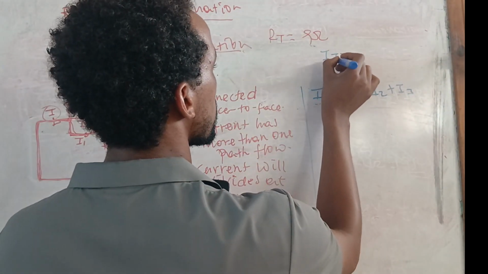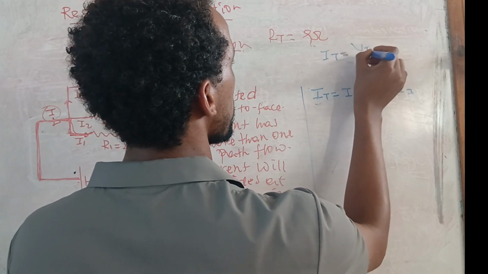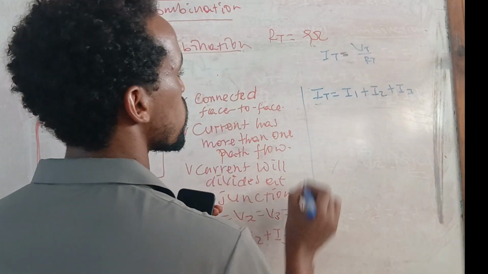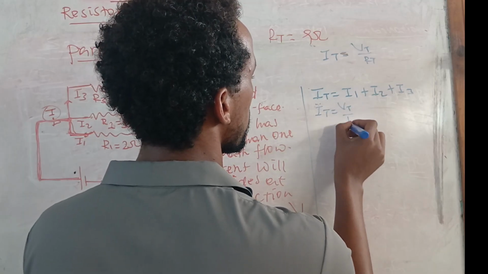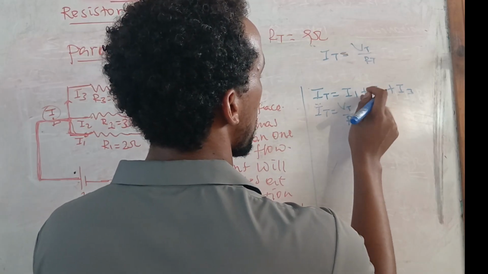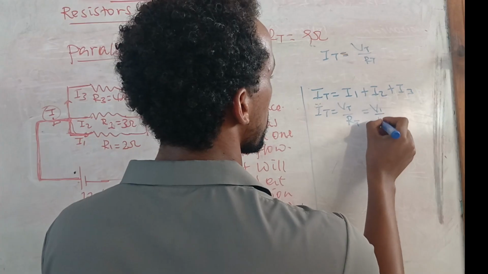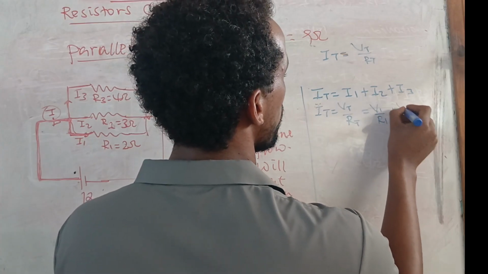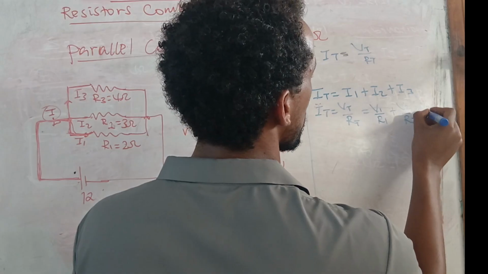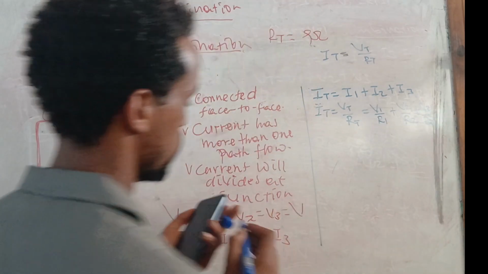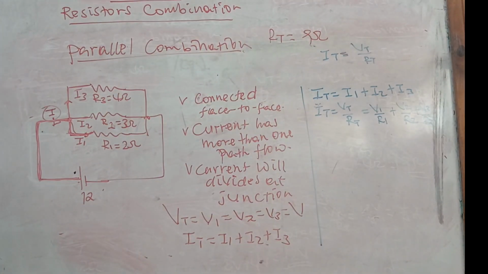We know that I total is equal to voltage total divided by R total, which is equal to V1 divided by R1 plus V2 over R2 plus V3 over R3. That's it. Easy.